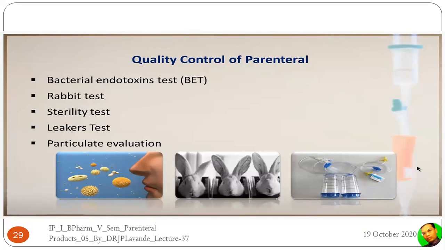Now, as far as quality control or evaluation of the parenteral product for pyrogens is concerned, there are two different tests used. That is the rabbit test and the bacterial endotoxin test.